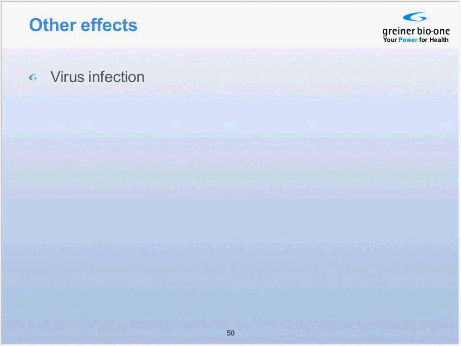Other effects with regard to contaminations or any weird observances in cell culture are virus infections. These are not very common in cell culture in contrast to cell contaminations that were mentioned earlier in this presentation.